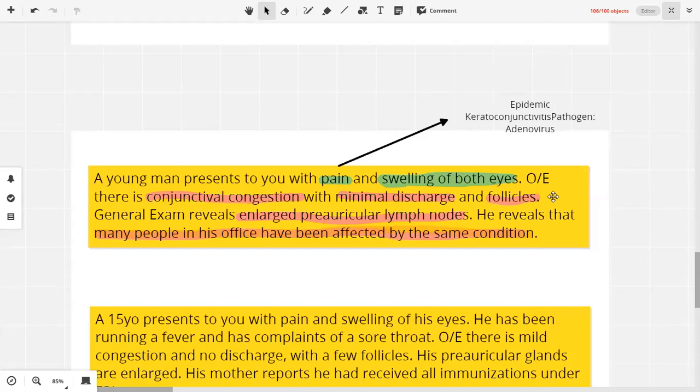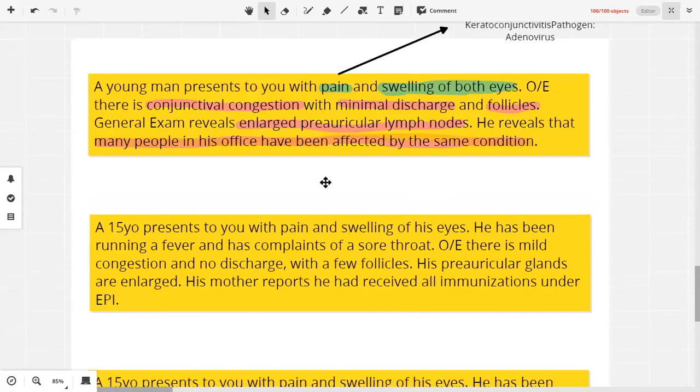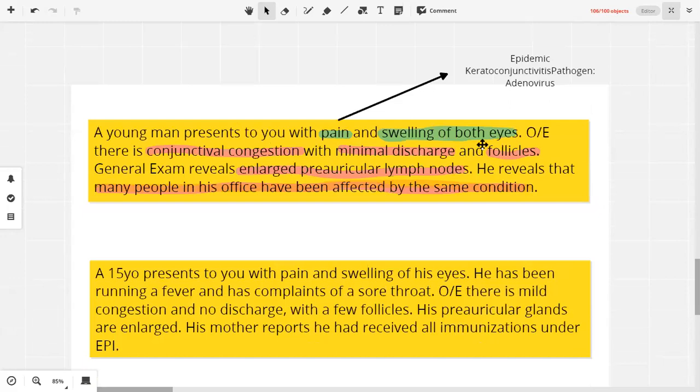Adenoviral conjunctivitis. I think this is the case. Now, the important thing in all viral conjunctivitis, you will notice that there are two peculiar things. Number one is enlarged preauricular glands, and the second is that many people in his office have been affected by the same condition. These two things are very important when you're making a diagnosis, right?